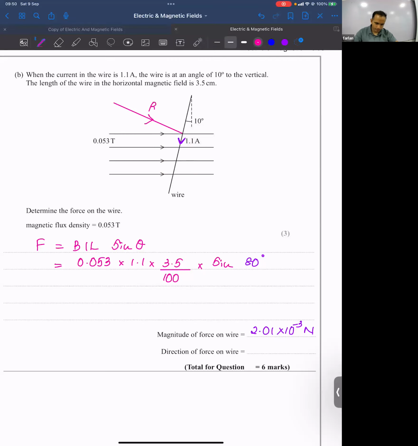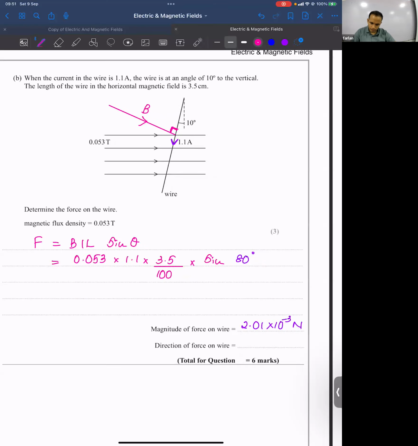The perpendicular component of the magnetic field, that's what matters. So now B is this way, I is this way, force is out of the plane of the paper.